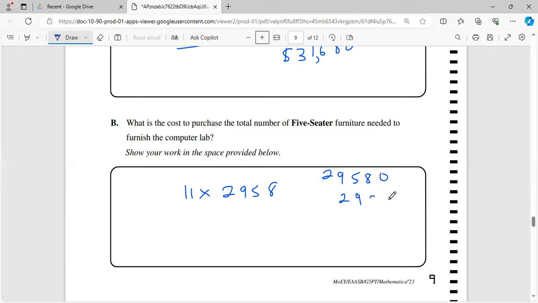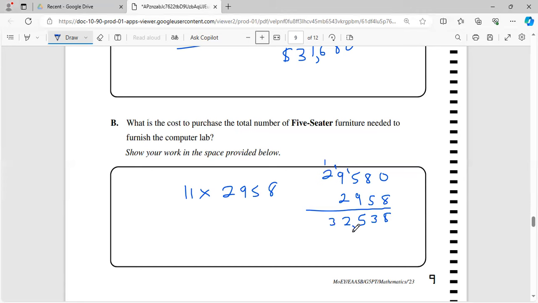This will give the 11 times. 8 on that. 5 and 8, 13, 3 carry 1. 9 and 1, 10, and that 15. 1 and 9, 10, and that 12. So this works out to 32,538. Alright, so what we just calculated was the total for the 5-seater.